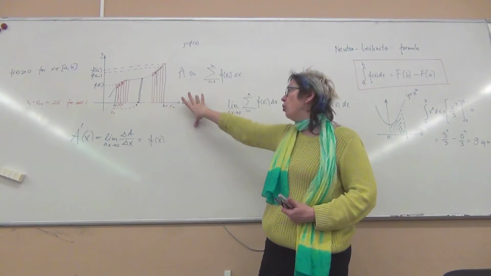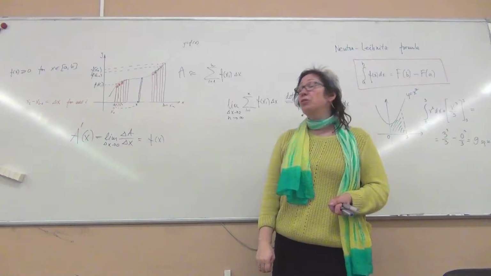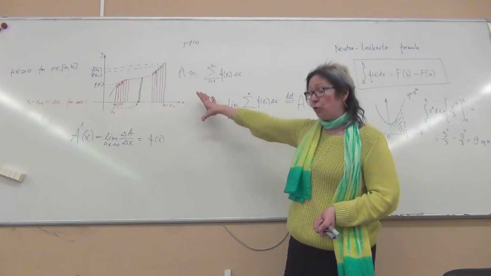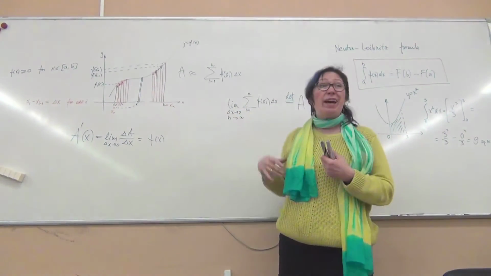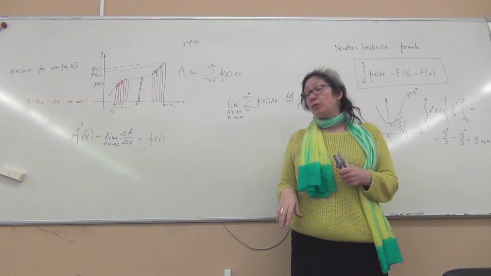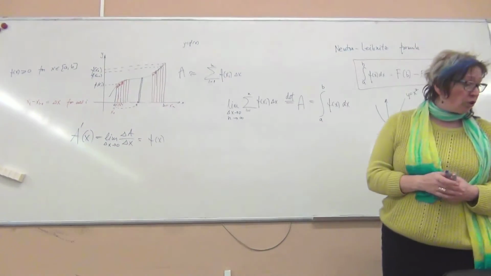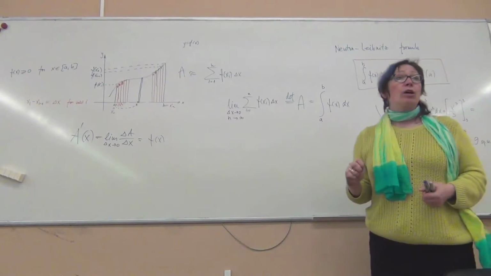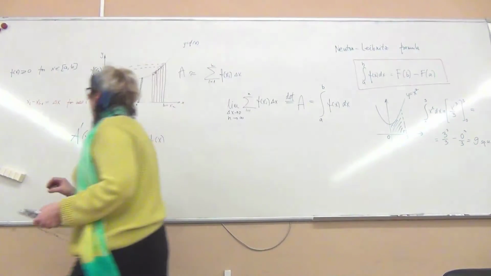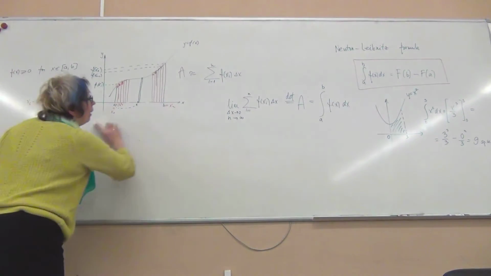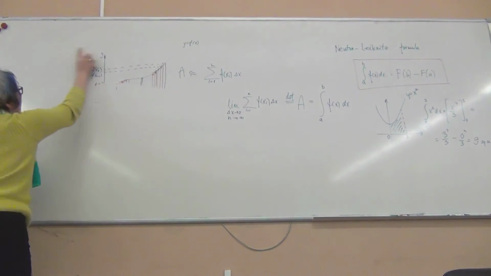I showed it to you for several reasons. And one of these reasons is because you need to know why we can use integrals for so many purposes, for actual calculations in physics, engineering, economics, everywhere. Okay. Now I'm erasing this.